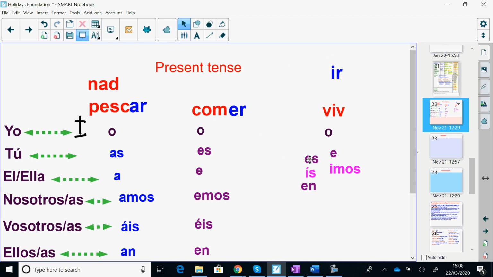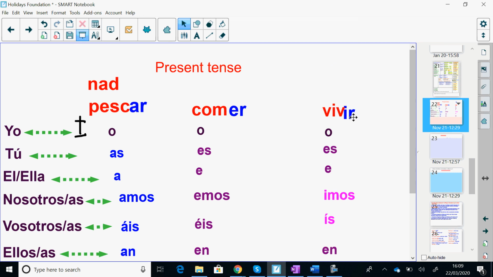You live, singular, is vives, the same as ER verbs. What about he or she lives, like my sister lives? Exactly the same, vive. What about we live? Vivimos. There you are. What about you live, plural? Vivís. And the last one, they live, would be viven.